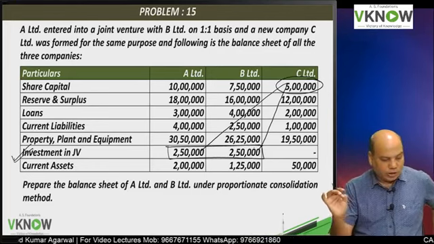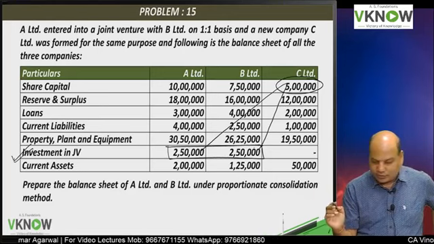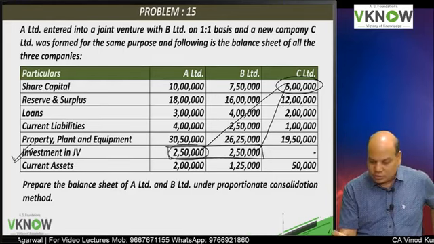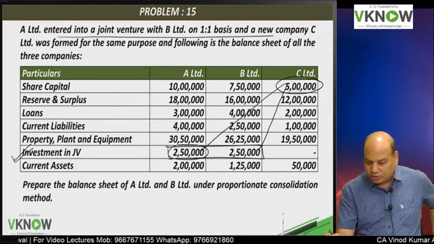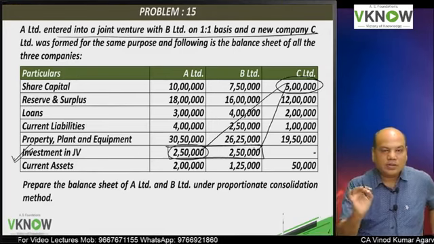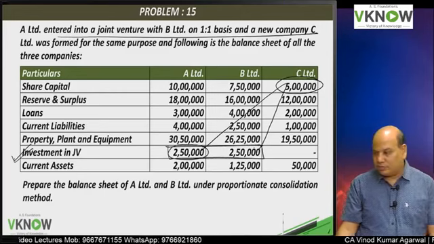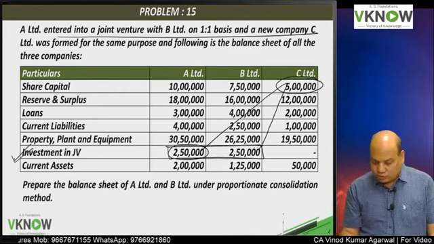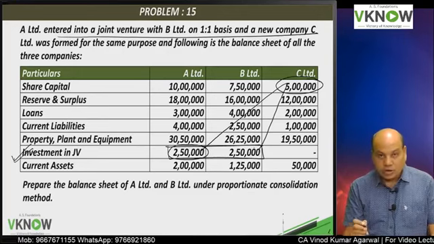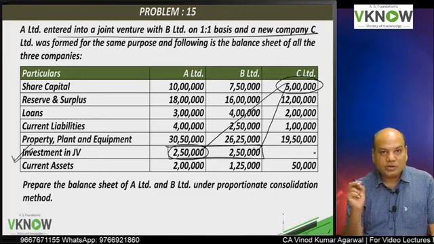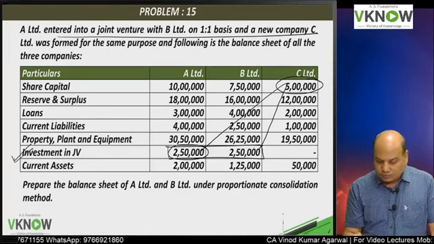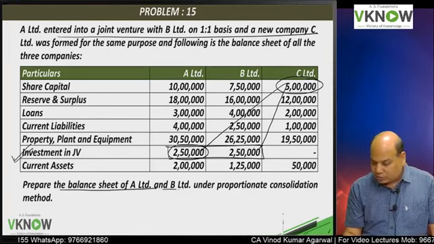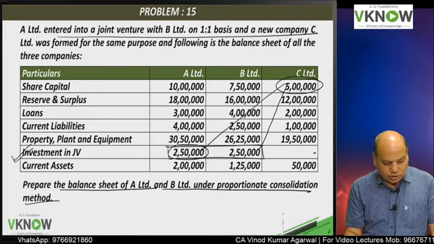So there will not be any goodwill or capital reserve, because this is matching, and they have formed a new company. So there was no reserve and surplus at the beginning, no goodwill or capital reserve. In this question, both venturers will follow AS27. Prepare the balance sheet of A and B under proportionate consolidation method.